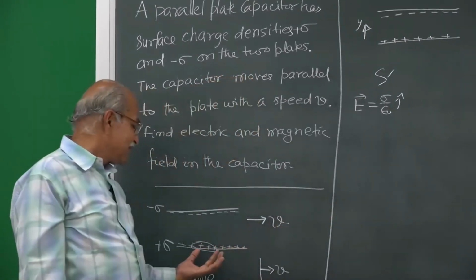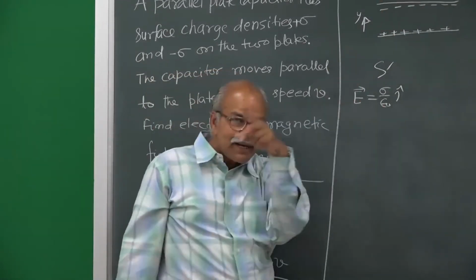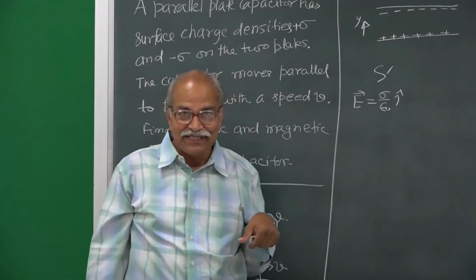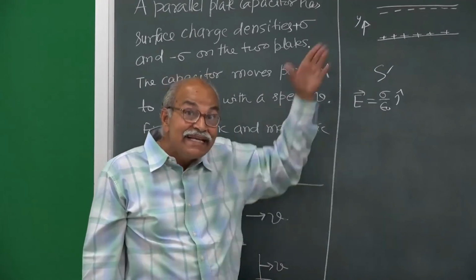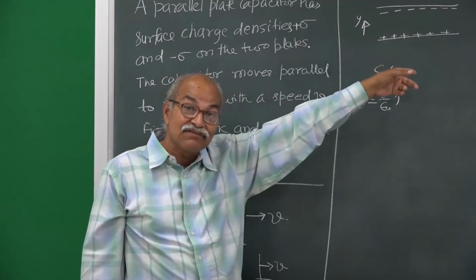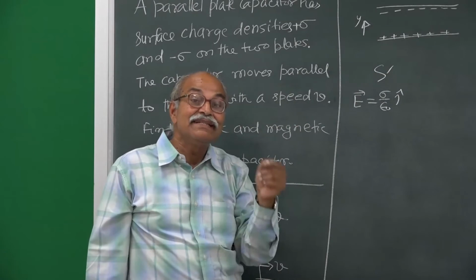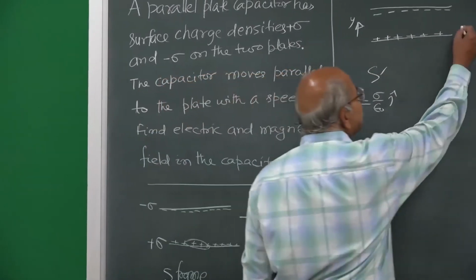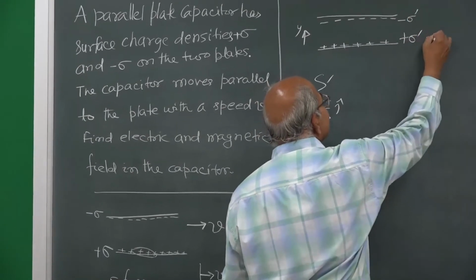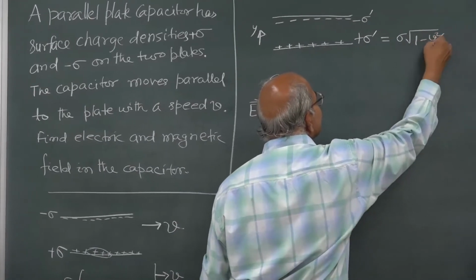So, if the length here is L, length here will be more than L, L divided by square root of 1 minus v square by c square, and the perpendicular length will not change. So, the area will increase because of length contraction, and charge is same. So, the charge density will decrease. So, you will have plus sigma prime here and minus sigma prime here, and the sigma prime will be sigma times square root of 1 minus v square by c square.